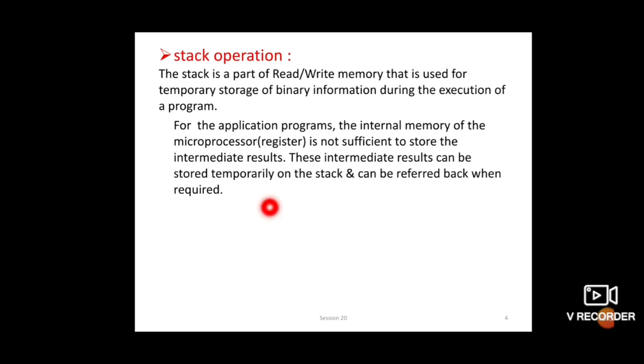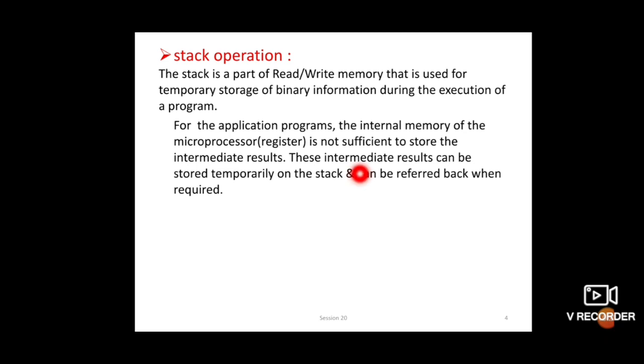Now see, what do you mean by these intermediate results? Intermediate result means temporarily stored data. Just like if we use a subroutine or a conditional jump instruction, at that time where the next location in the main program is stored, the stack is used.